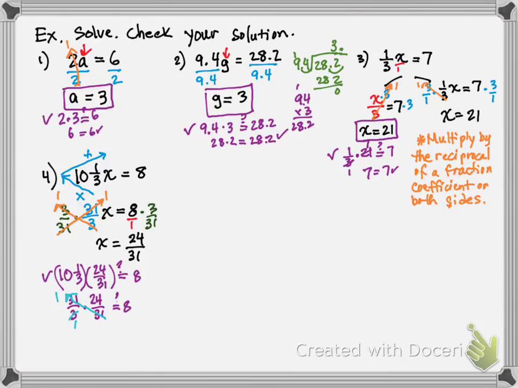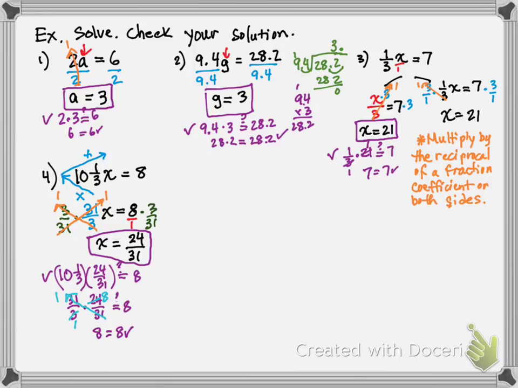So we have 3 divided by 3 is 1, 24 divided by 3 is 8. Now when I multiply all the way across, 1 times 8 is 8, 1 times 1 is 1, 8 divided by 1 is 8, and we get 8 equals 8. So that verifies, yep, we get x equals 24 31sts.